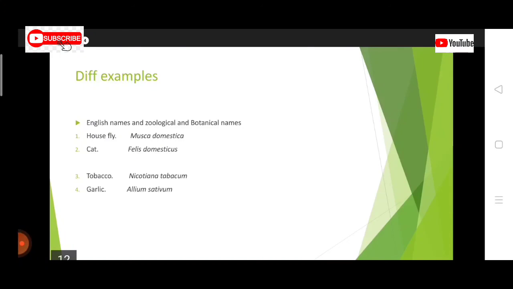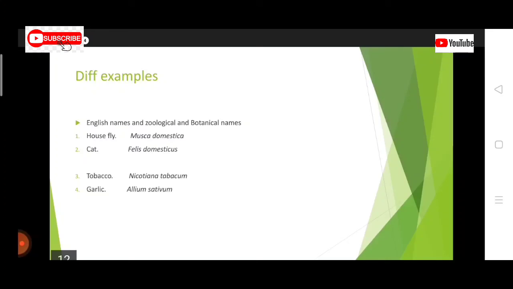Now we are going to talk about different examples. Some examples are mentioned here: English names, zoological and botanical names. The first one is housefly. Housefly is an English, common and local name. The second one is Musca domestica.